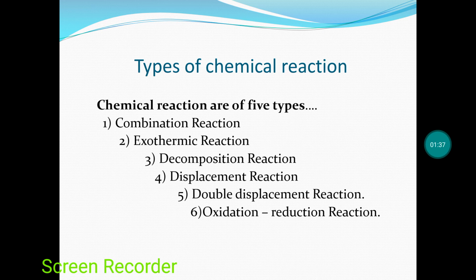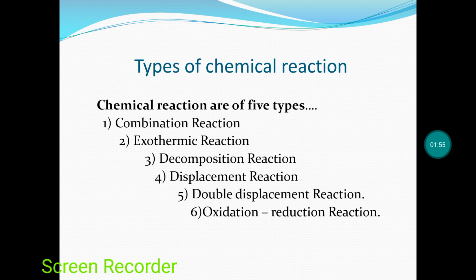Oxidation reduction reaction is also known as a redox reaction. We will discuss those later. First of all, we will see what combination and exothermic reactions are, and we will cover them in this video.